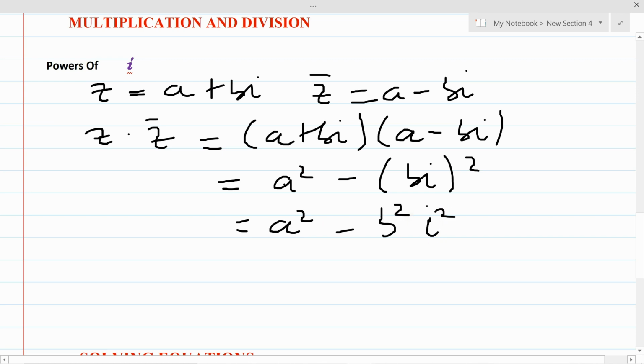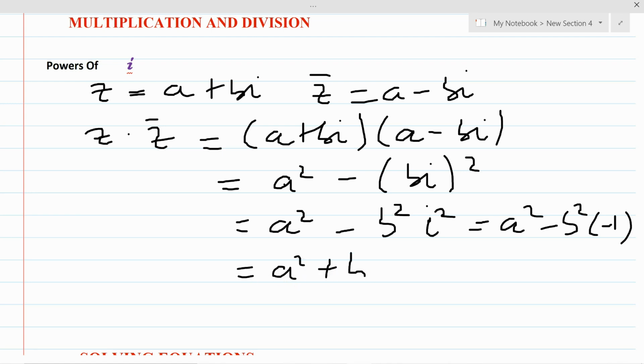This produces a squared minus b squared times -1. Now the -1 will affect the b squared, so we get a squared plus b squared. So like I said, if you multiply a complex number by its conjugate, it's simply the real part squared plus the imaginary part squared. I hope you understand it.